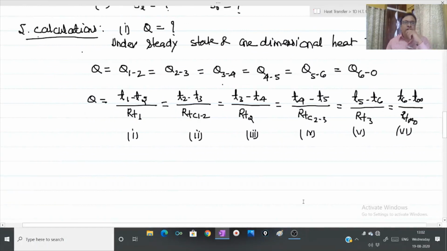So these are the rates of heat transfer through individual layers of material and fluid film.